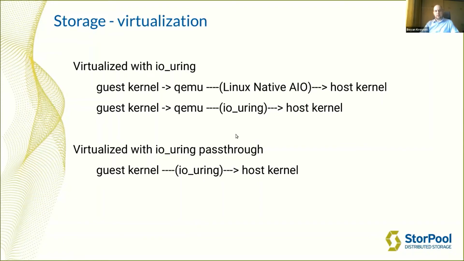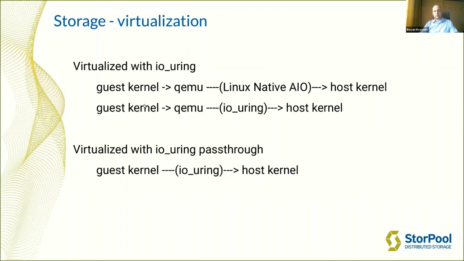And then there is even further down the line, and not ready for production use in my opinion, this idea of io_uring pass-through, in which the guest kernel can talk directly to the host kernel without going through the QEMU process. This is the ultimate goal, which saves context switches.